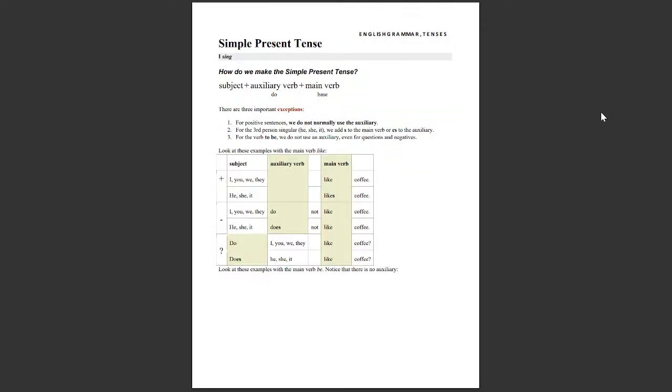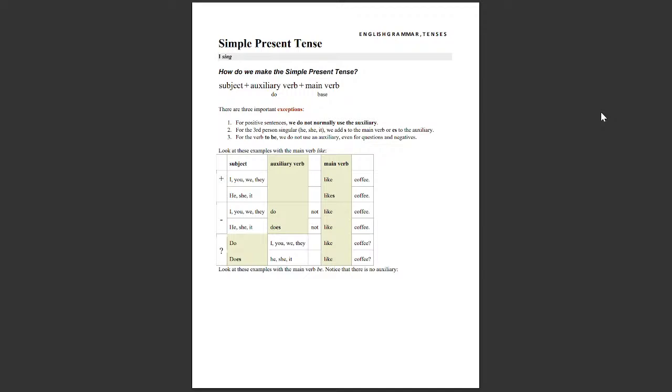So let's quickly move to the simple present tense. It has a quick methodology, like an equation. Just as we have math equations, for all the tenses we have a simple logical method.